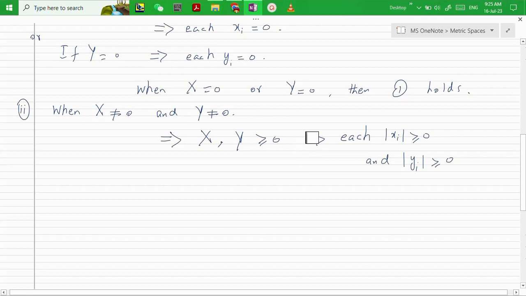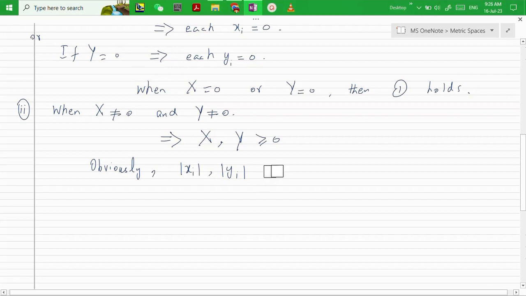So you don't need to write in this way, because this is obvious that the modulus of xi and modulus of yi are non-negative for each i.